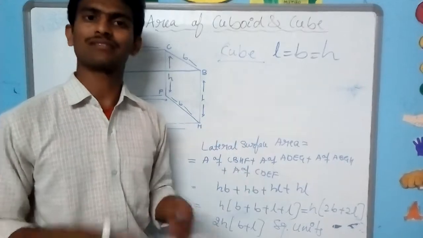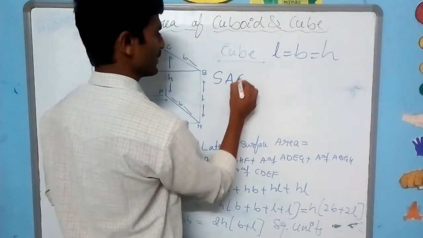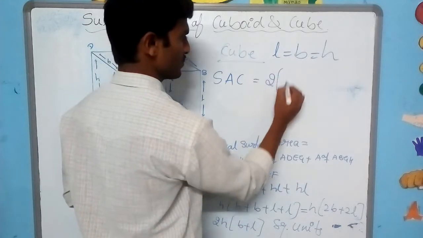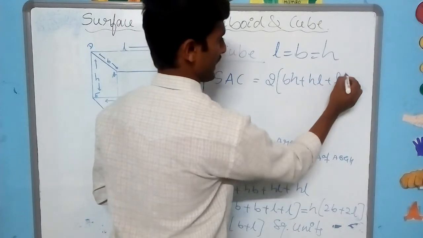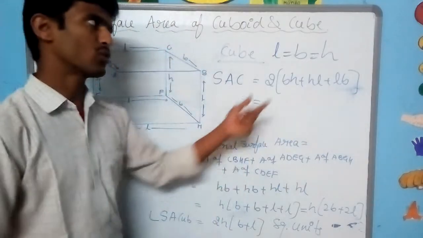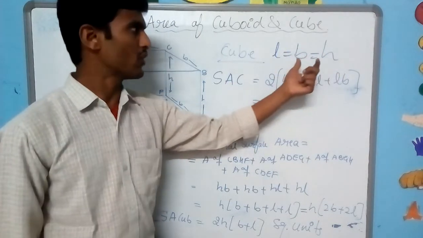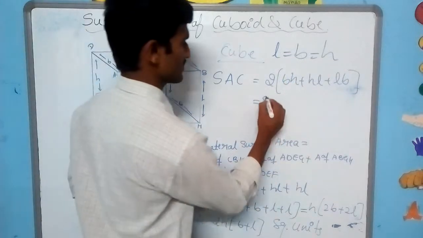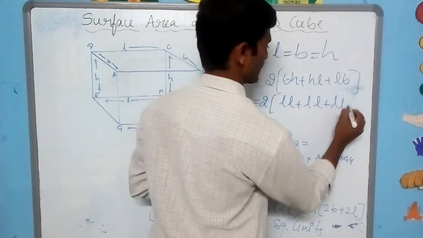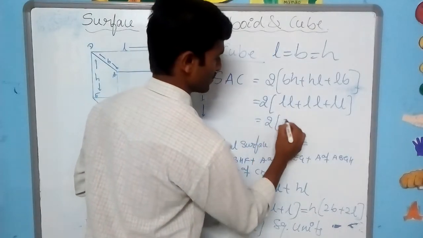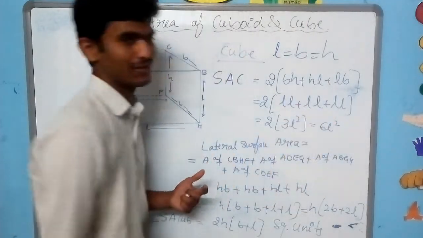Means all the parameters are equal. Now we know that the surface area of a cuboid is 2 into BH plus HL plus L into B. Here L equals B equals H, so we can substitute L instead of B and H. Means 2 into L into L plus L into L plus L into L, which is 2 into 3 times L square, equal to 6 times L square.